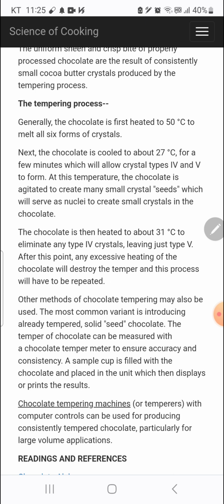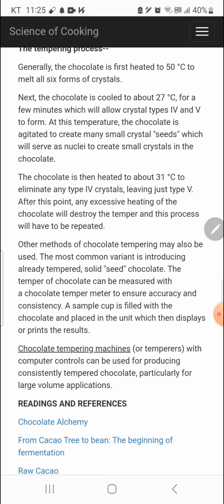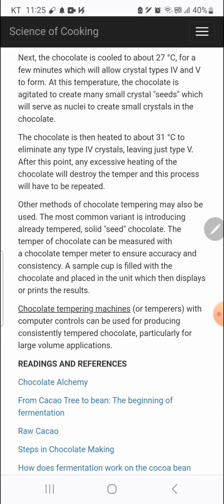At this temperature, the chocolate is agitated to create many small crystal seeds, which will serve as nuclei to create small crystals in the chocolate. The chocolate is then heated to about 31 degrees Celsius to eliminate any type 4 crystals, leaving just type 5.